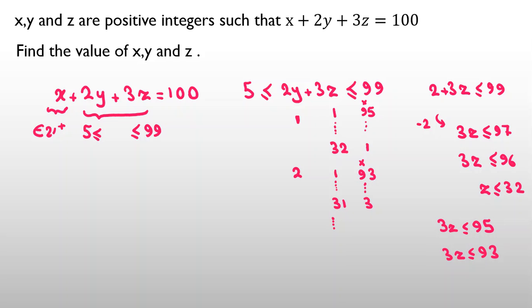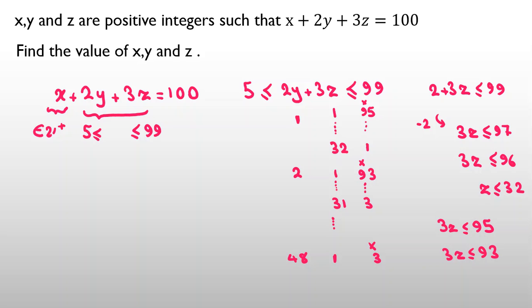Because z is 1, so 48. 2 times 48 is 96, and z should be only 1. 96 plus 3 is 99, and x is 1. And if you consider y equal to 49, it will be 98 plus 3, and it's impossible. So we found these answers I've shown you now.